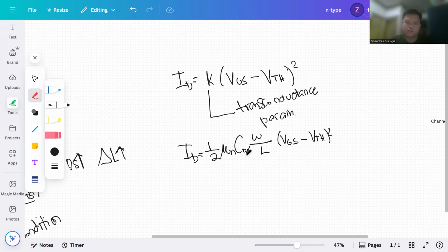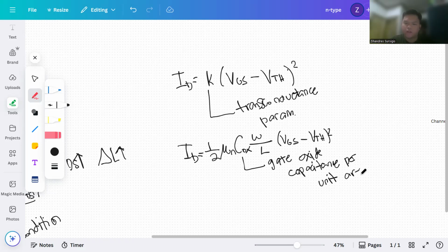This COX right here is our gate oxide capacitance per unit area.